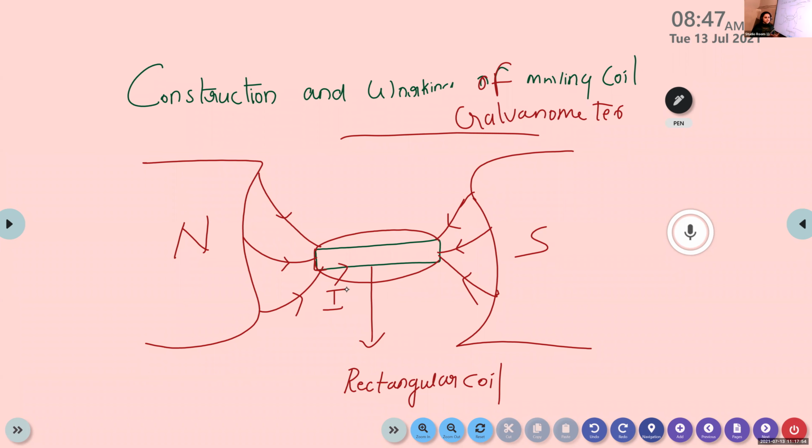This rotational effect of the rectangular coil in a uniform magnetic field is known as, any idea? Torque. Very good. It is known as torque. So when a current I is passing through this rectangular coil, it experiences a force, thereby it undergoes a rotation, and this rotational effect of the rectangular coil is known as torque.